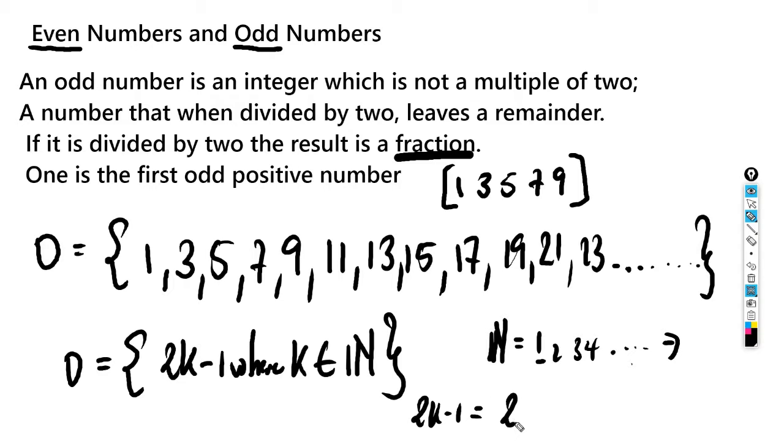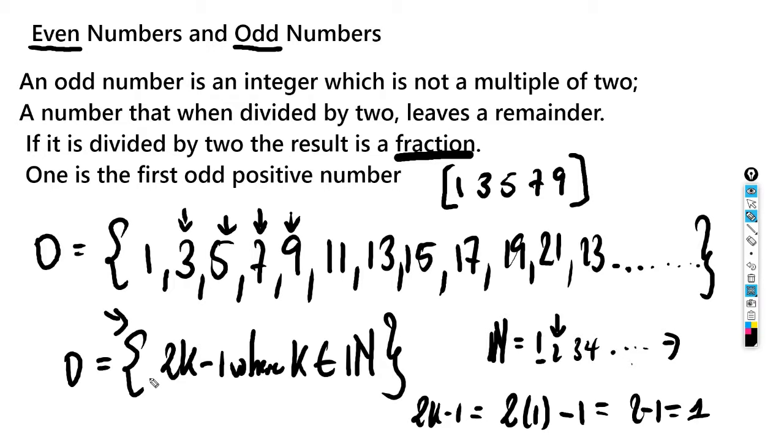So we're going to end up with 2 times 1 minus 1, which would give you 2 minus 1, which would give you 1, right? And if you put in 2 in 2k minus 1, you're actually going to get 3. And if you put in 3 in 2k minus 1, you're going to get 5. If you put in 4, you're going to get 7. If you put in 5, you're going to get 9. And that's pretty much why this is a worded representation of the same exact set.